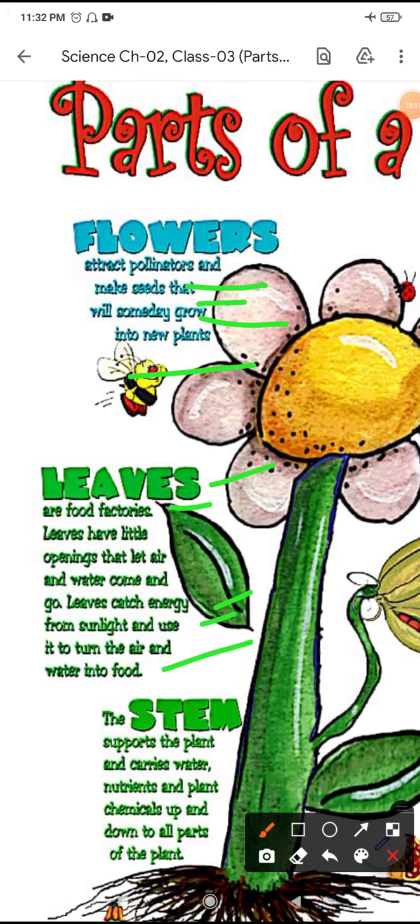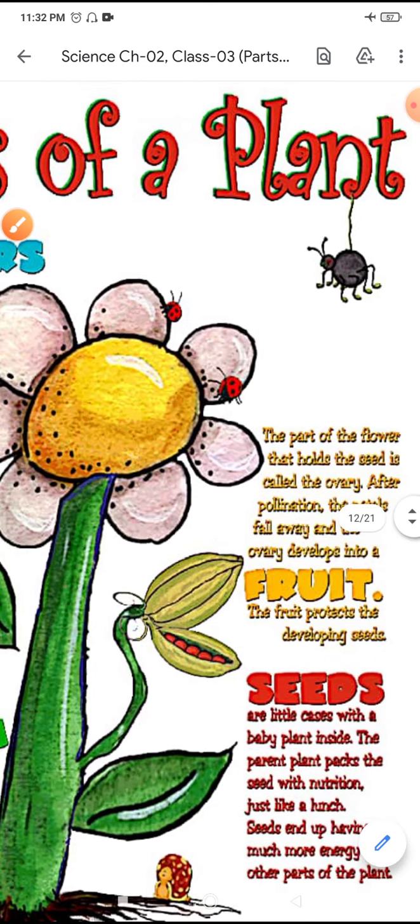Now stem: it supports the plant and carries water, nutrients, and plant chemicals up and down to all parts of the plant with the help of xylem and phloem.